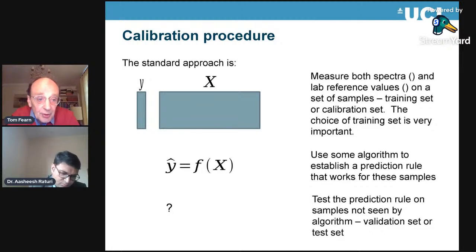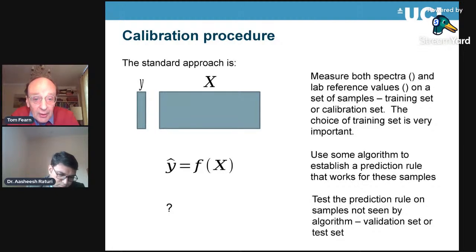So to take an obvious example, if you're trying to train your system to predict the protein in flour samples, then what you don't want to do is to train it on flour samples that have all got exactly 14% moisture content, because then you risk getting a prediction rule that only works for samples with 14% moisture content. And when it gets out into the real world and sees samples with varying moisture content, it won't work because it's never seen those before.